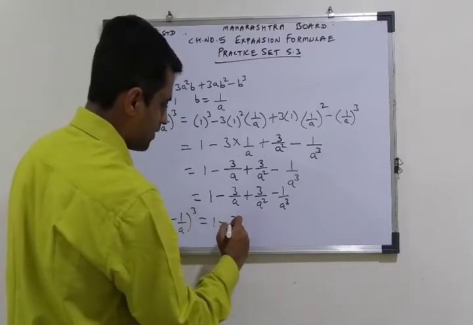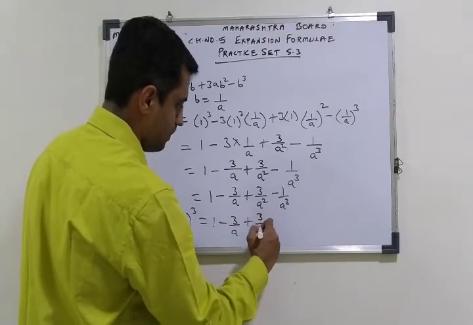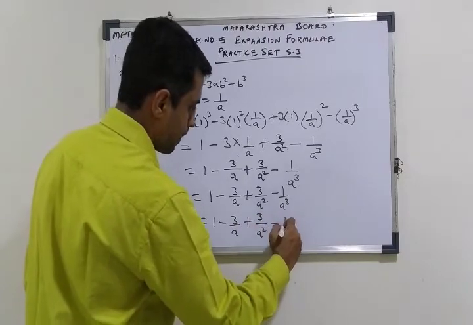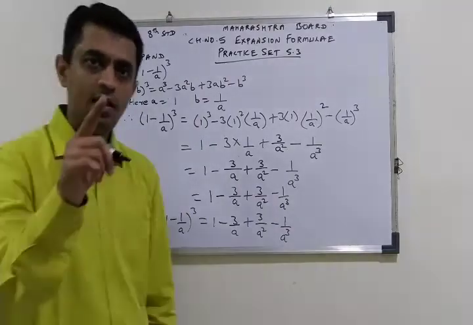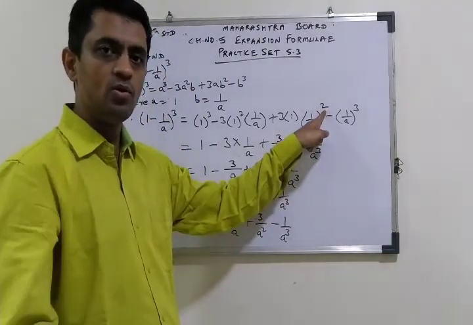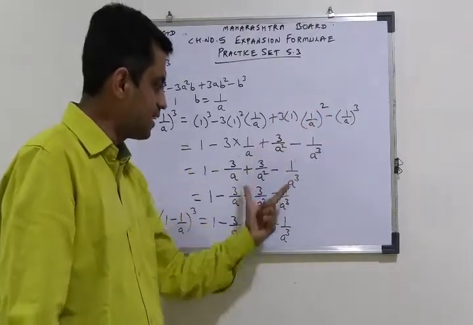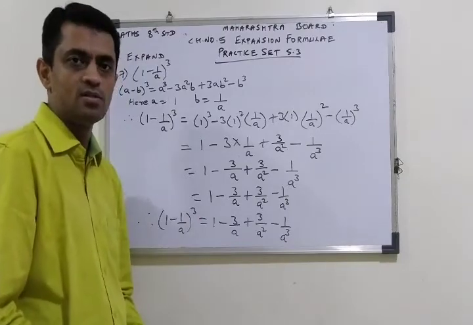Let us note down the final answer here as the last statement of this sum. So this is our final answer. So in the exam also please see that you put the square. Don't make the mistake we made here. So this way we get the correct answer. Now please note down this sum.